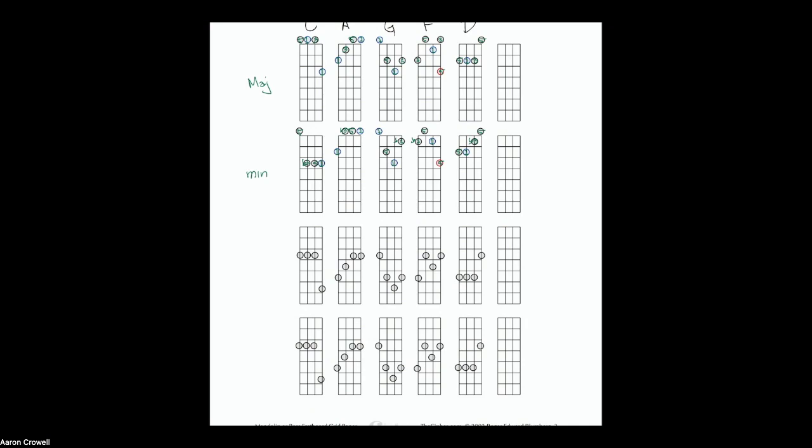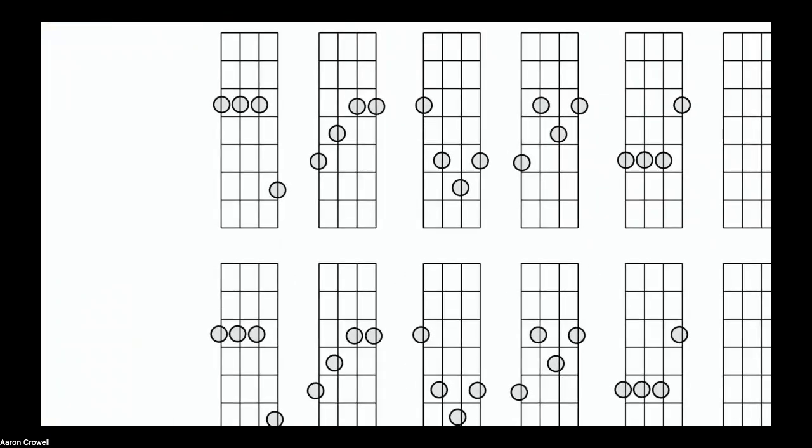So let's see how that would look here. To make a diminished chord, we said we're going to move the 3 and the 5 back. In this case, this is my 1, my root. Let's change the color so that we can see those are different. We'll do the same thing here.